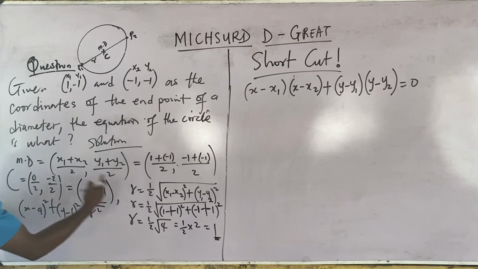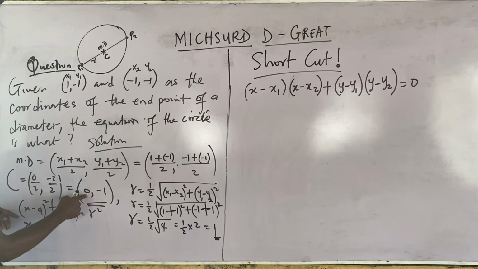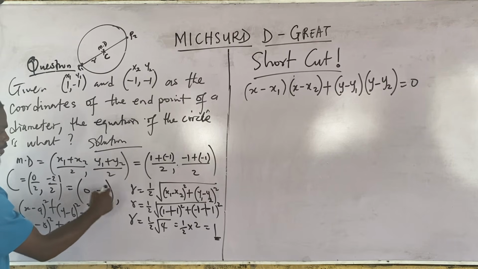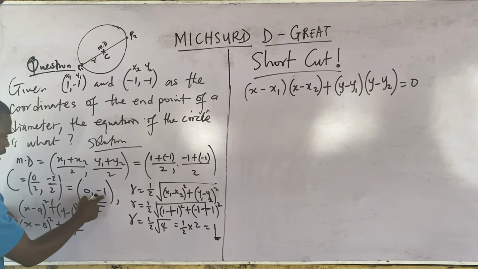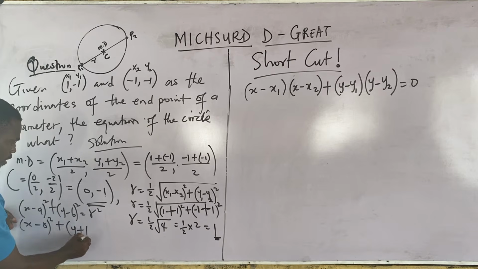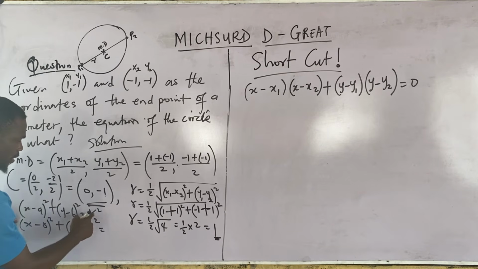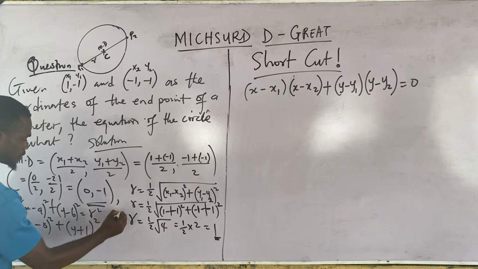So from the substitution, x minus a, our a is the first point here, which is 0, all squared, plus y minus b. And b is the second point, which is minus 1. So we have minus minus is plus 1 all squared. And the radius is 1 squared.